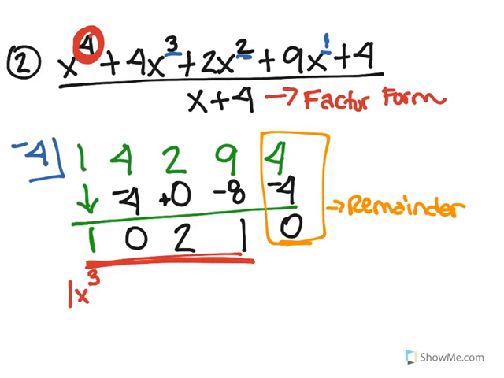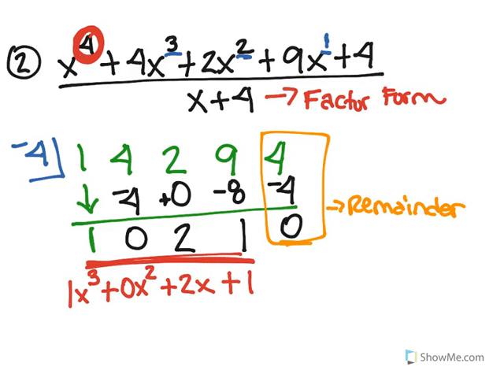Now you see you have a 0. Now don't write 0x squared. That means that that term does not exist. It's not there. So you can skip it. Plus 2x. We're done with our x's. Plus 1.